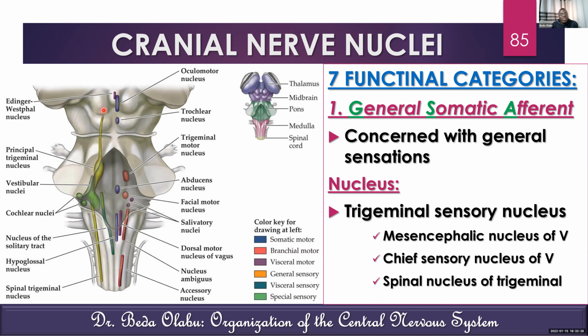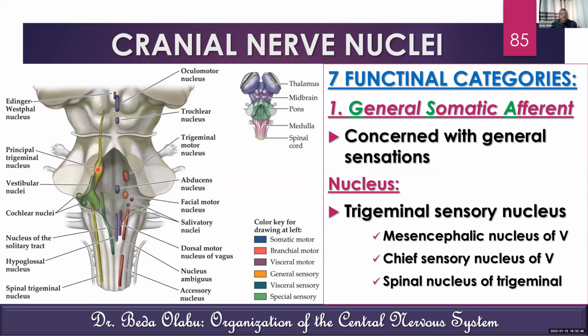Anyway, this sensory nucleus of trigeminal has three parts. The part that is within the midbrain, the part I'm pointing, is called the mesencephalic nucleus of trigeminal. This one is the one that receives the proprioceptive fibers from the head region.